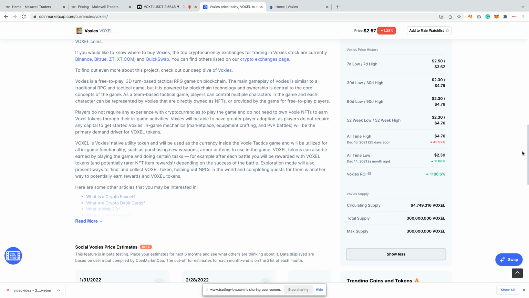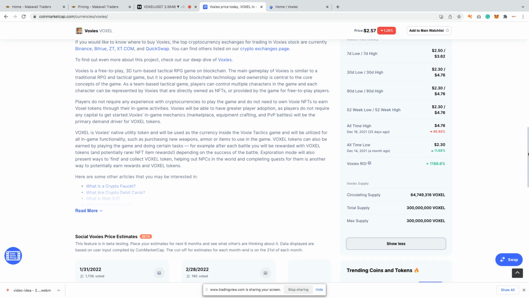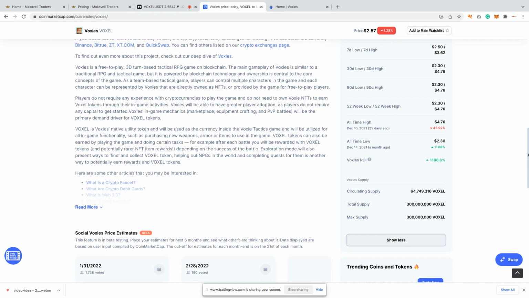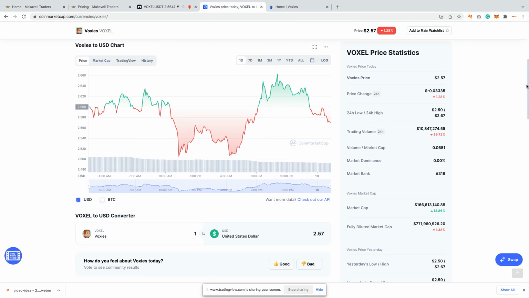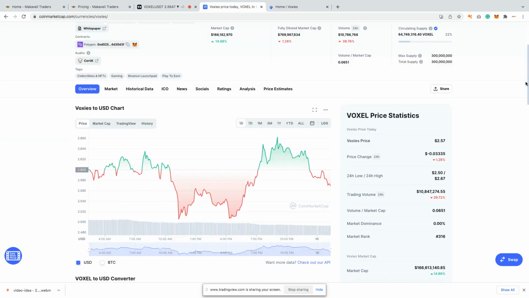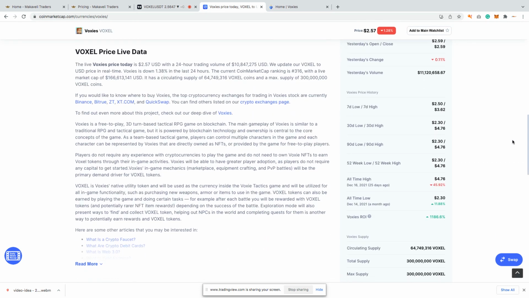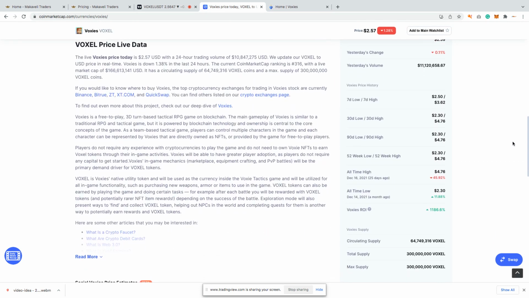But within just 25 days, this coin has lost over 40%. In fact, let me say 45% of that move to the upside. Since it's trading at $2.57, it has lost almost close to 50% of that move to the upside.